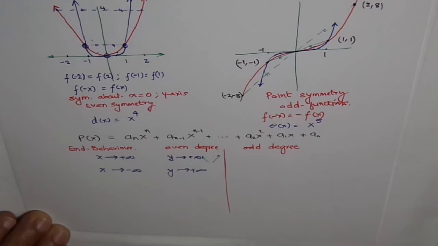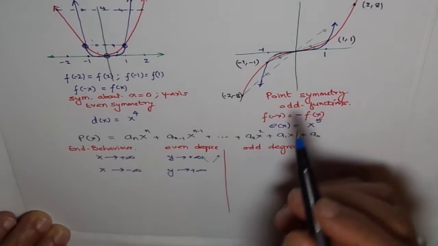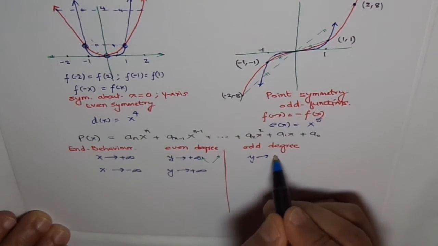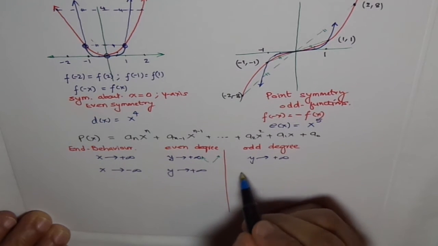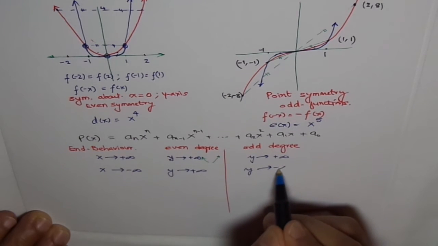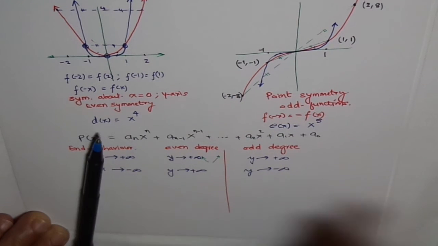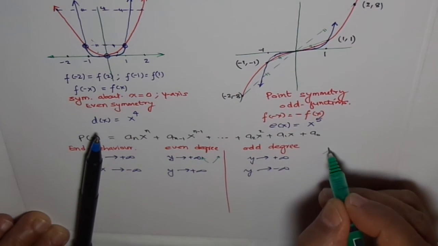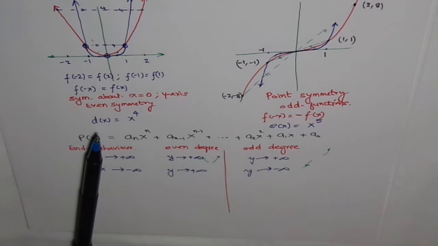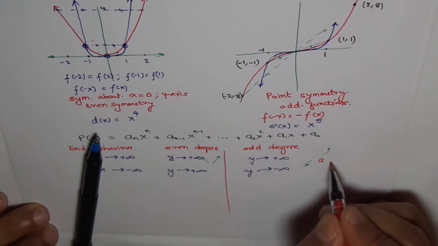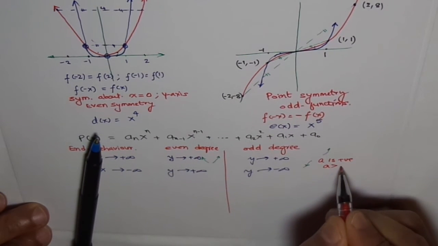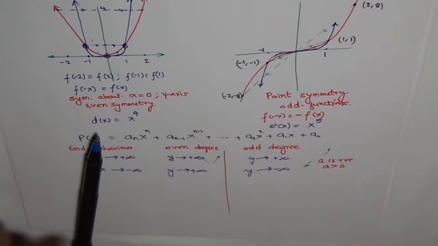And for odd, what is happening for odd? We see this is the positive side, y does approach positive infinity, but when x is approaching negative infinity, y approaches negative infinity. So basically the function actually is like opposite sides. Do you see that? This is all when a is positive. When a is positive, that means when a is greater than 0, correct?